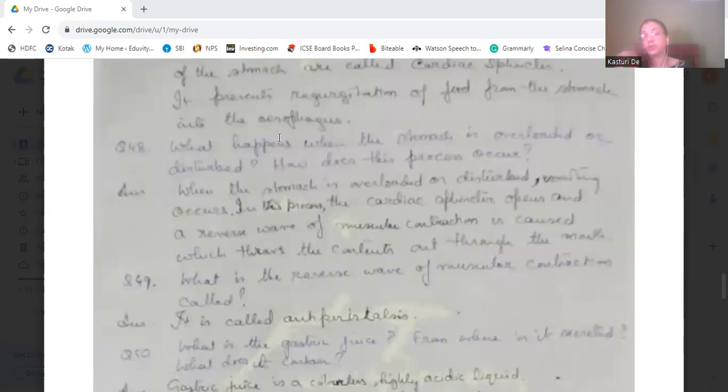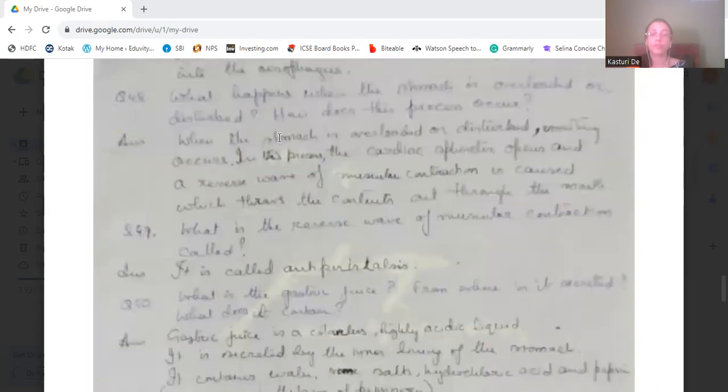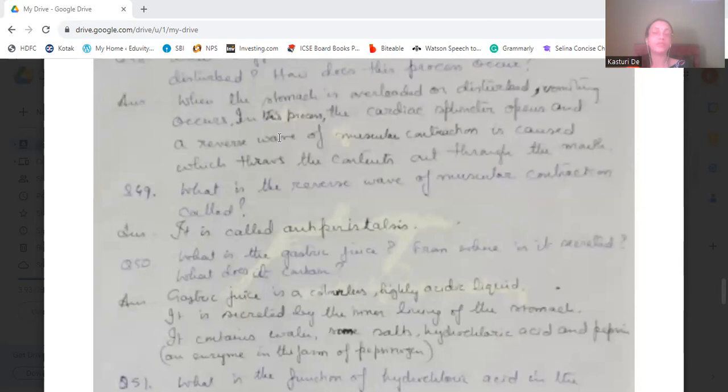So antiperistalsis will occur, the cardiac sphincter will open, and the food will come out of the stomach through the mouth. Now, what is the reverse wave of muscular contraction called?